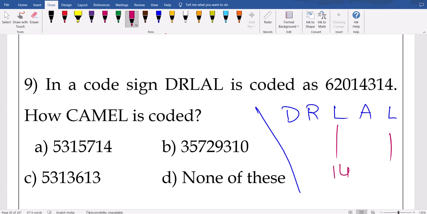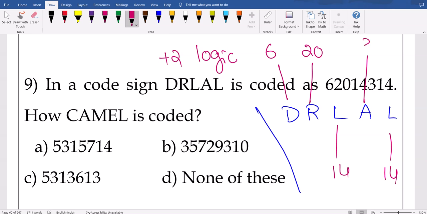What is the L value? 12. L value 12, they have given 14, plus 2 logic. What is the D value? 4, but they have given 6, plus 2. R is 18, they have given as 20. A is 1, they have given as 3. So C should be given as 5. M should be 15.